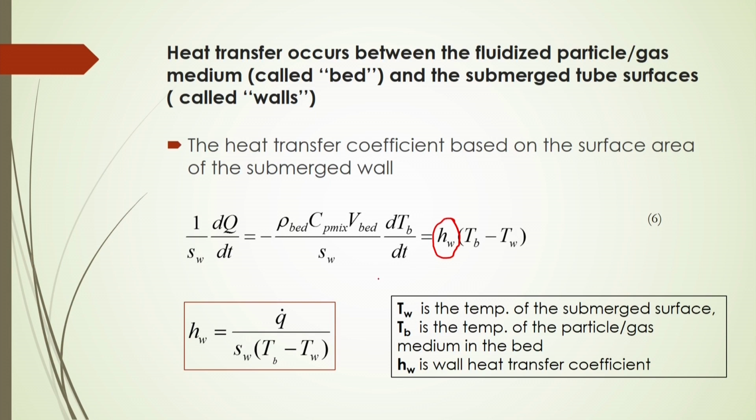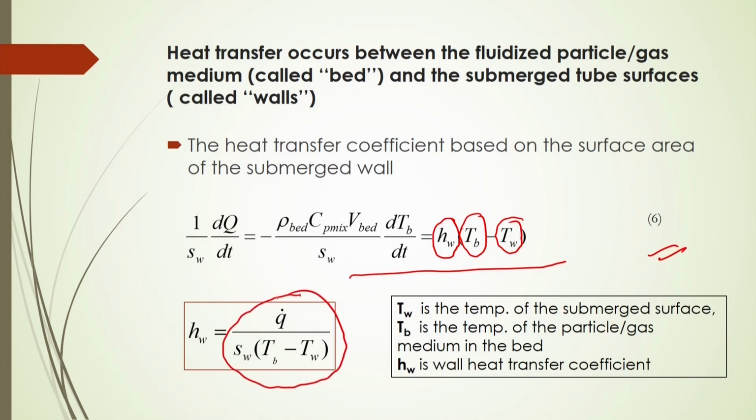Based on the previous equation, in exactly the same way, it depends on what the wall temperature and the bulk temperature are. Now, T_b is the temperature of the particle or gas medium in the bed, T_w is the temperature of the submerged surface, and h_w is called the wall heat transfer coefficient. From this equation 6 you can calculate the wall heat transfer coefficient.